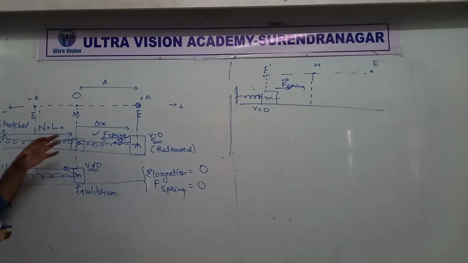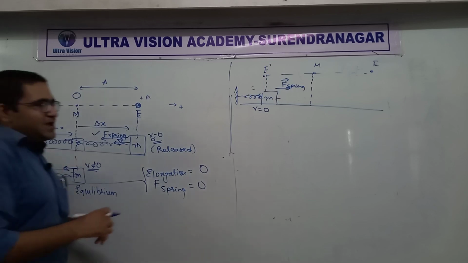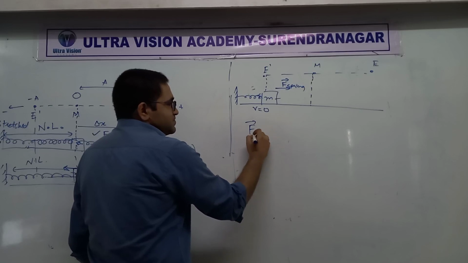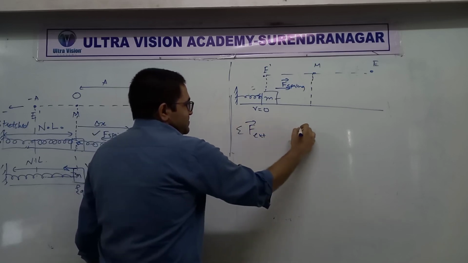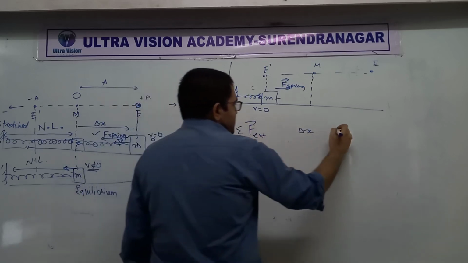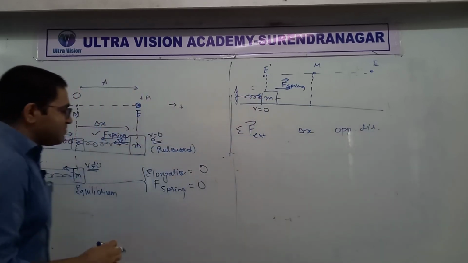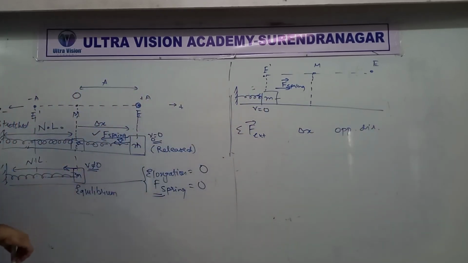So, we are seeing all characteristics of simple harmonic motion in this motion. Hopefully, you realize what I am saying. First of all, we are seeing that the total force and displacement are in opposite direction. The second thing is that this is force of spring.